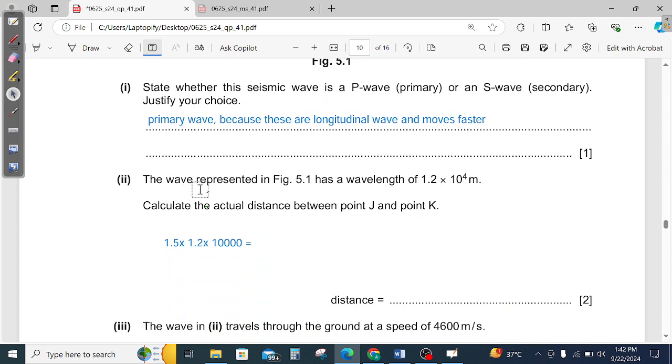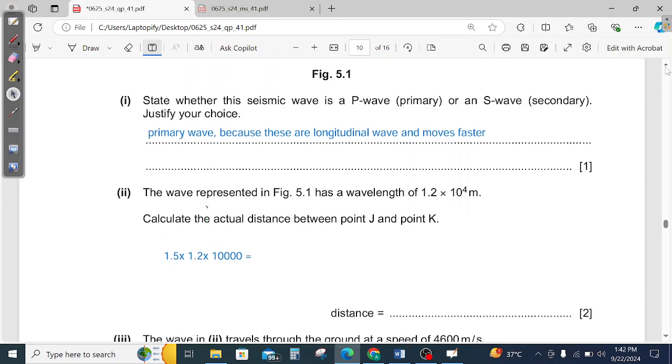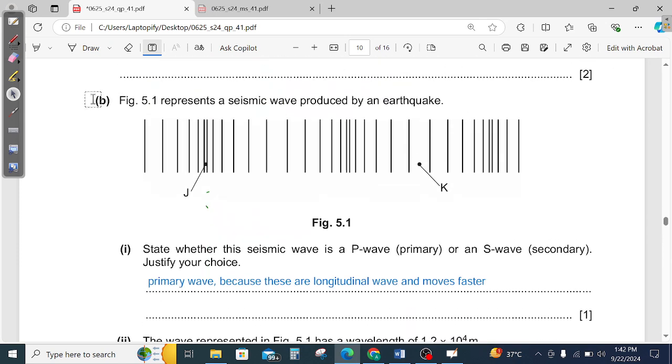Next is the wave represented in the figure has wavelength of 1.2 × 10^4 meter. Calculate the actual distance between point J and point K. So one thing more, in longitudinal wave you can see here some lines that are far apart and some that are very close to each other.